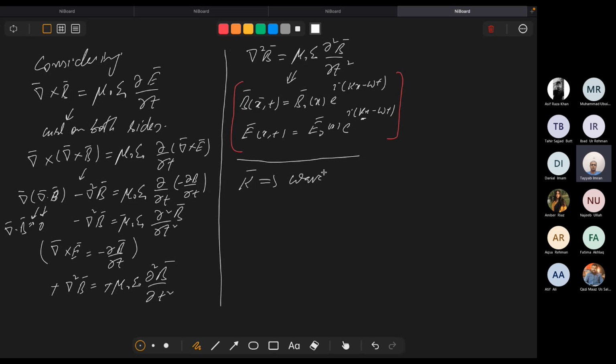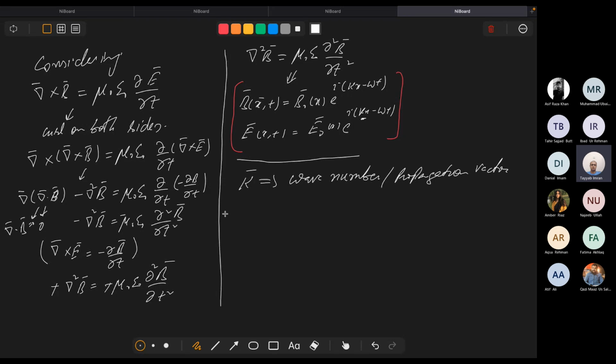What is that k actually? Wave number, and it is also a propagation vector, and the direction of this k is always the direction of propagation of the wave. The wave propagates in a direction, and k has the same direction.